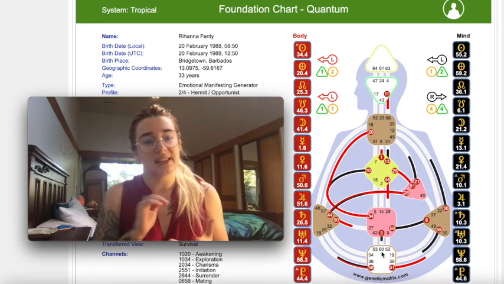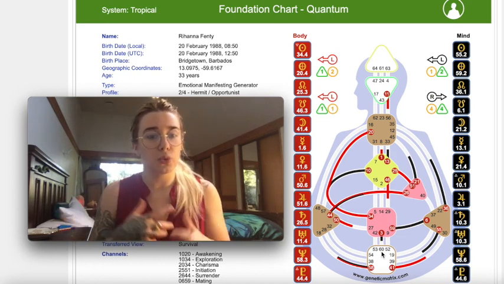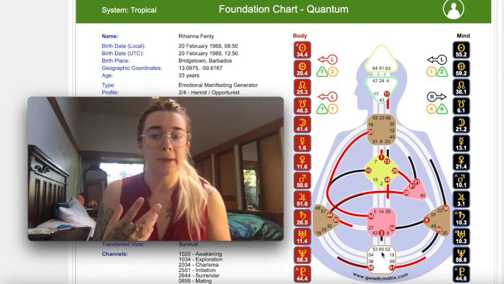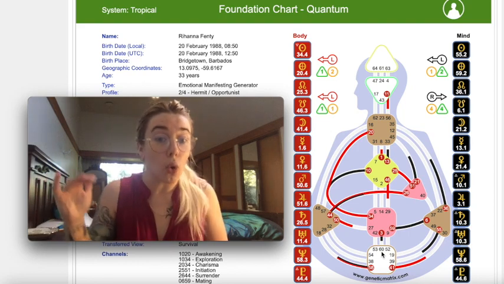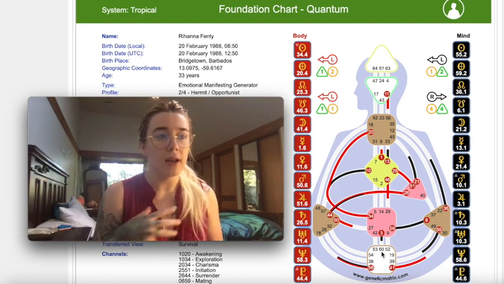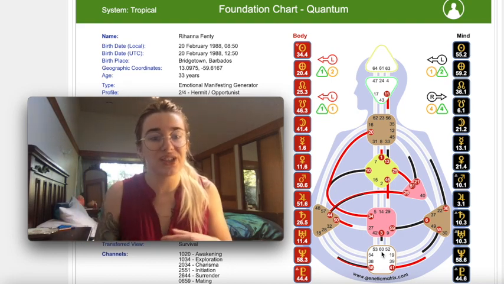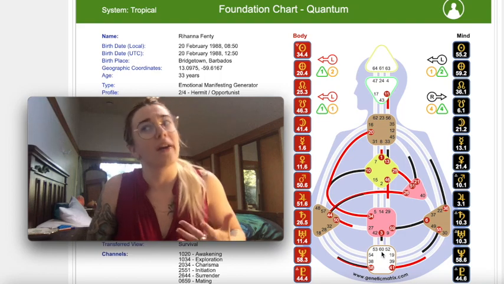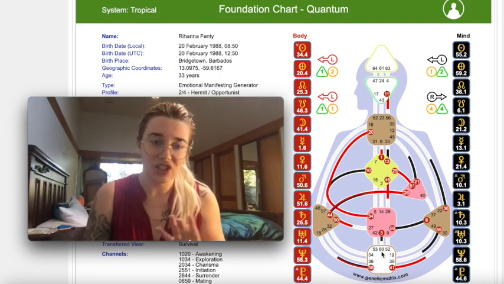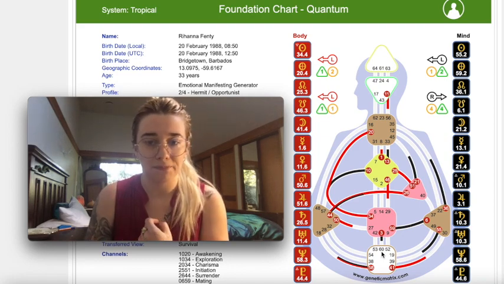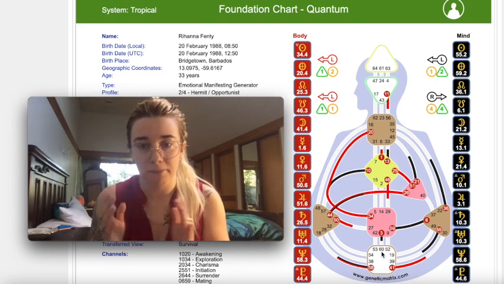But the thing is that the sacral is designed to work in the now, and it can only respond to things that come up, whereas people with a defined solar plexus who are always going to be in an emotional wave, that kind of overrides it, because the sacral can say yes to something like, oh, I've got a really good gut feeling about it, but they still need to check in with their emotions, because their emotions are always going to be there, and so they do need to be aware of that.